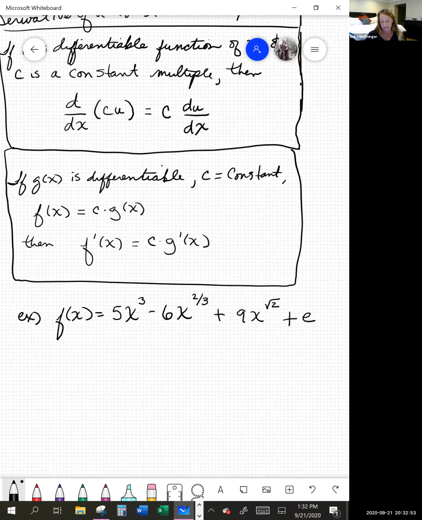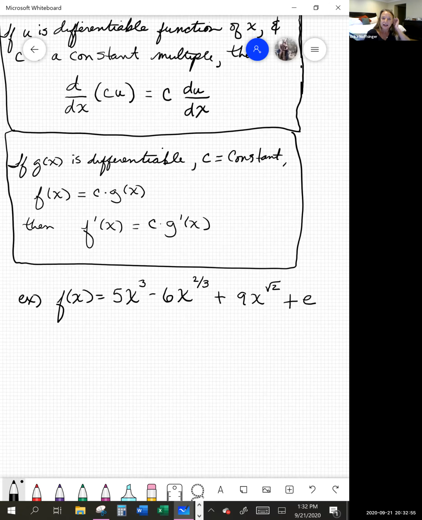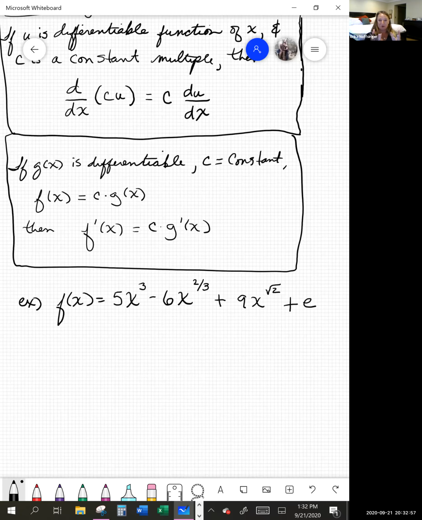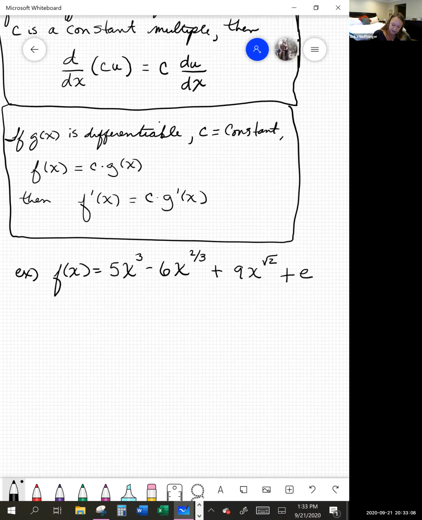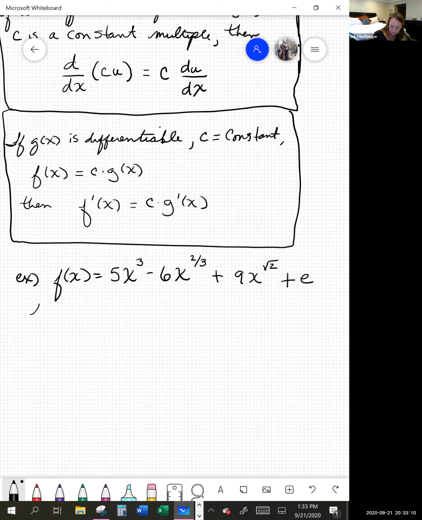Well, remember, just like limits, if I had a limit and I had a sum, I could look at the limit of the first piece minus or plus the limit of the second piece. Same sort of idea here. So if it wants us to find f prime of x, we're using that general power rule.